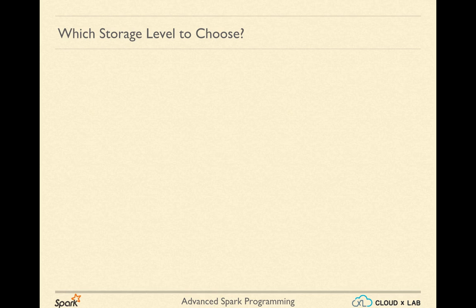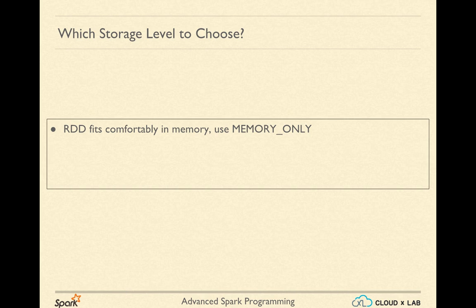Spark's storage levels are meant for providing different trade-offs between memory usage and CPU efficiency. We recommend going through the following process to select one. If your RDDs fit comfortably with the default storage level, which is memory only, leave them that way.